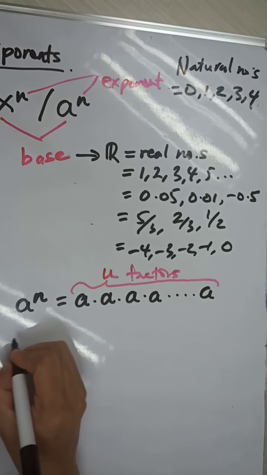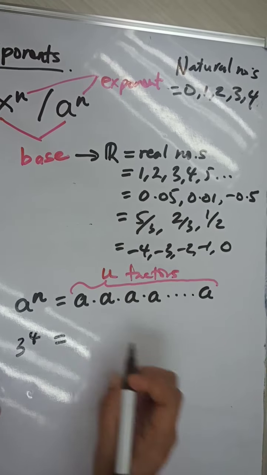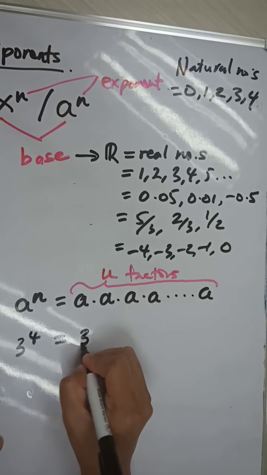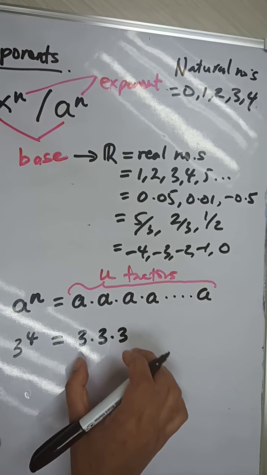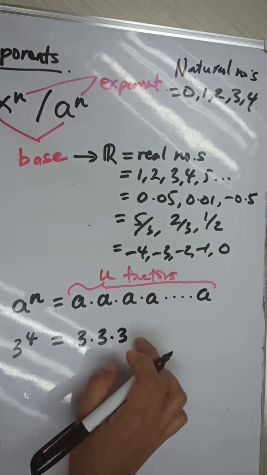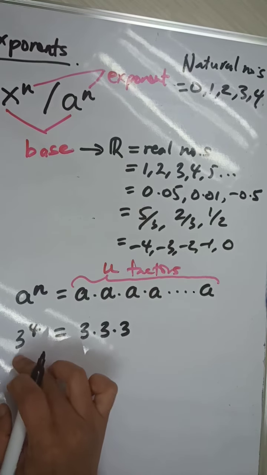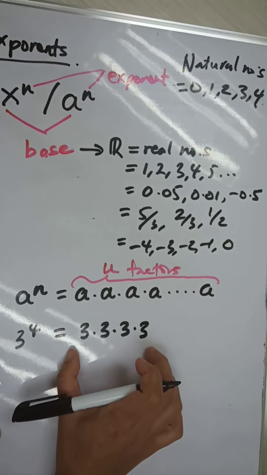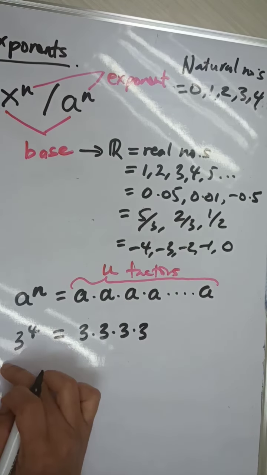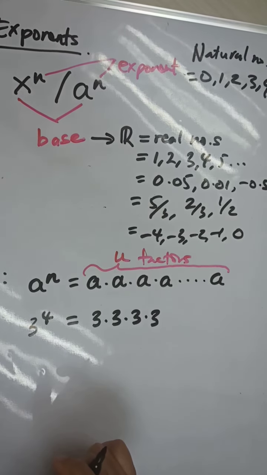Let's say I write 3 power of 4. It means 3 multiplied by 3 multiplied by 3 multiplied by 3. This we can simplify and write as 3 power of 4.